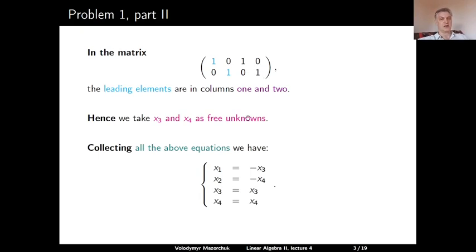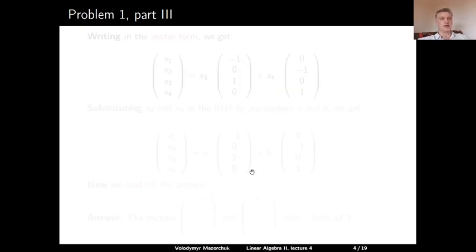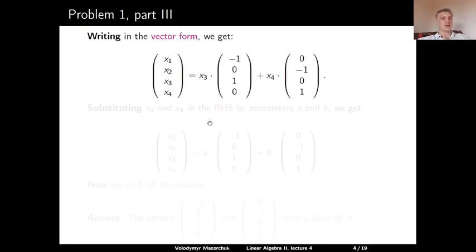And then for the free unknowns, we add the trivial equations that x3 is equal to x3 and x4 is equal to x4. So here is our new system of linear equations, which we can now write in vector form. The left-hand side of the system is the vector x1, x2, x3, x4.